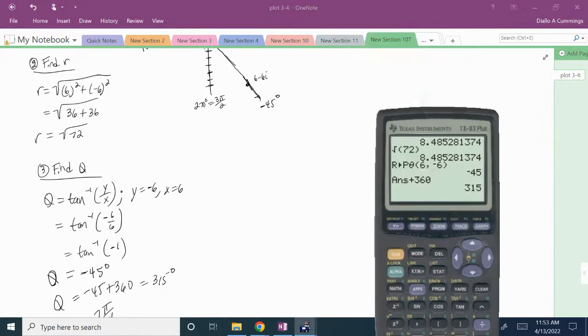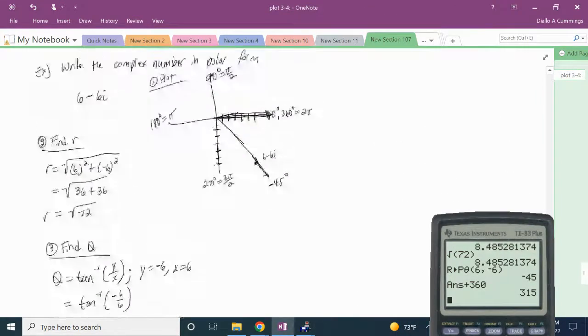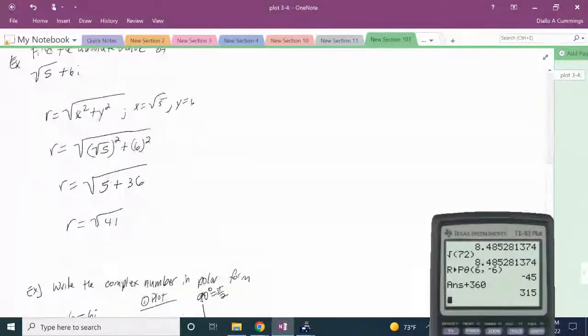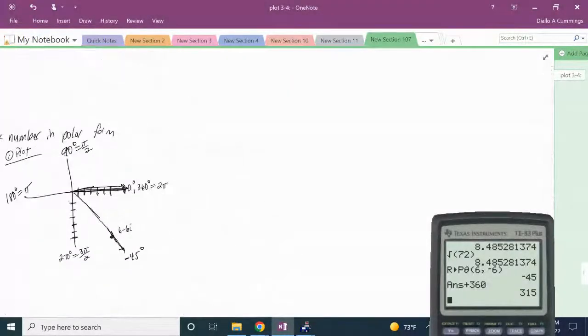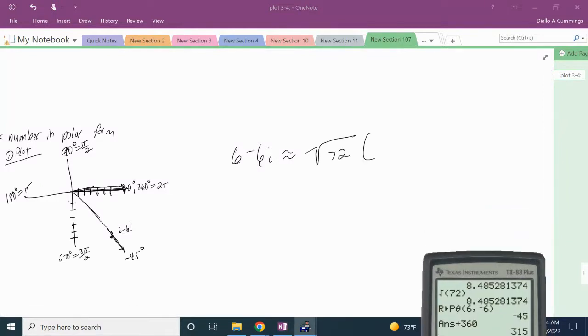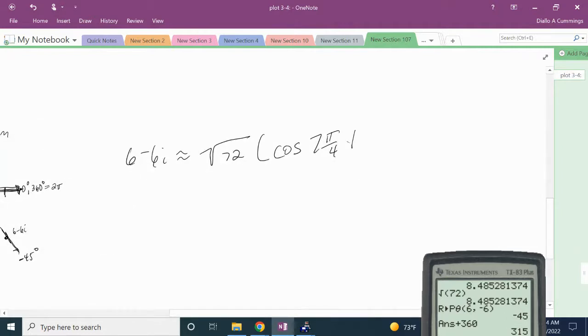So we can write this in trig or polar form as 6 minus 6i can be written as the square root of 72 times the cosine of 7 pi over 4 plus i times the sine of 7 pi over 4.